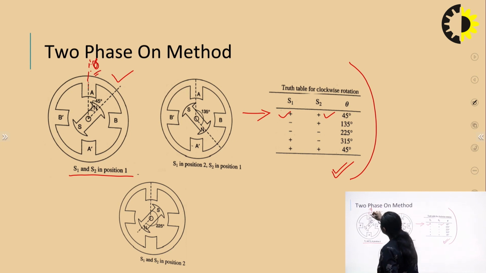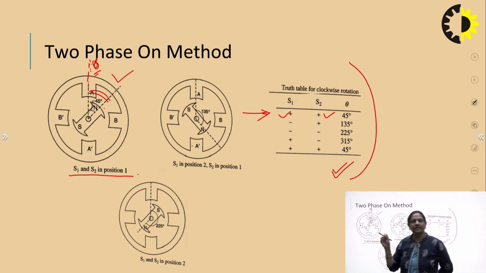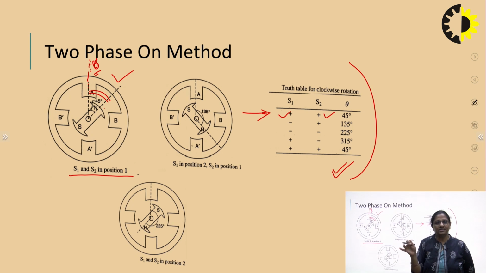With respect to this 0 degree or reference position, in the first case, the rotation of the rotor is by 45 degrees with respect to the reference point, right? 45 degrees. Why 45 degrees? Because, as you know, phase A and phase B are both excited, right? So it means that phase A is creating its magnetic field, and phase B is also creating its magnetic field.